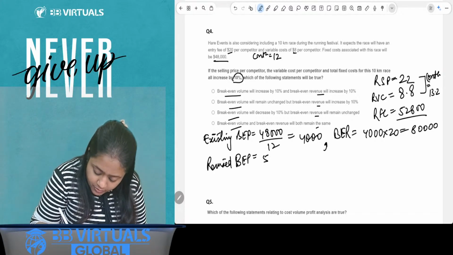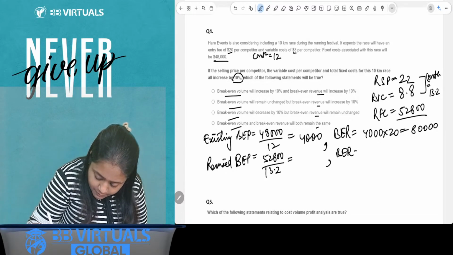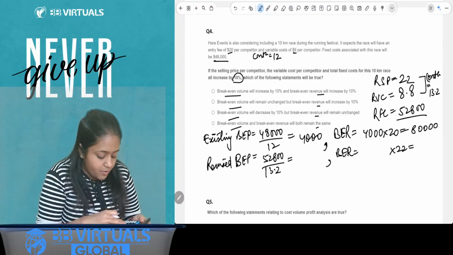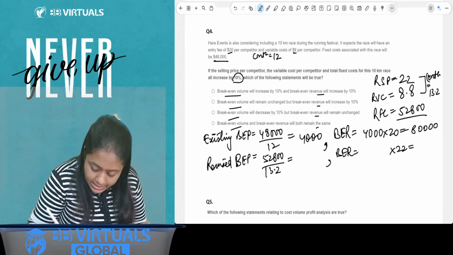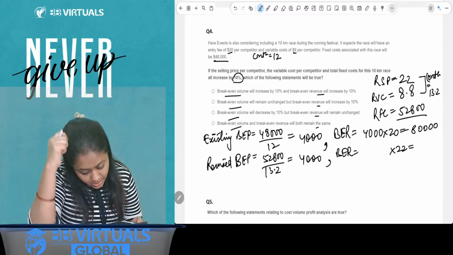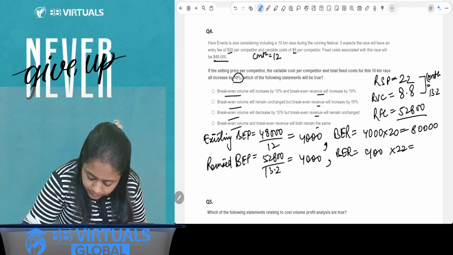Revised break-even point will be 52,800 divided by 13.2 and break-even revenue will be this figure multiplied by 22. Okay, now 52,800 divided by 13.2, I get here 4,000 only and break-even revenue will be 88,000.